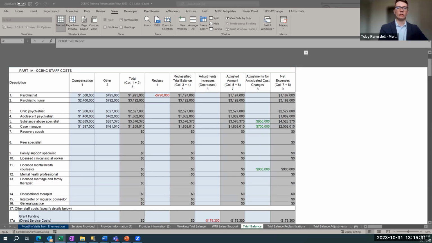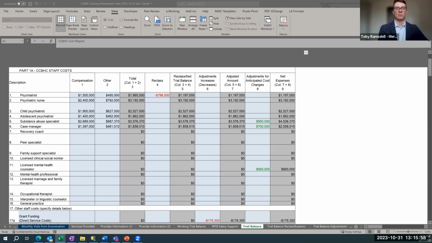Is column 8 where you would want to reflect increases in compensation that have occurred since the last audited fiscal year? I don't think that's the case. I think column 8 should be reserved for the costs that are needed to move from the current clinic structure to being a CCBHC.